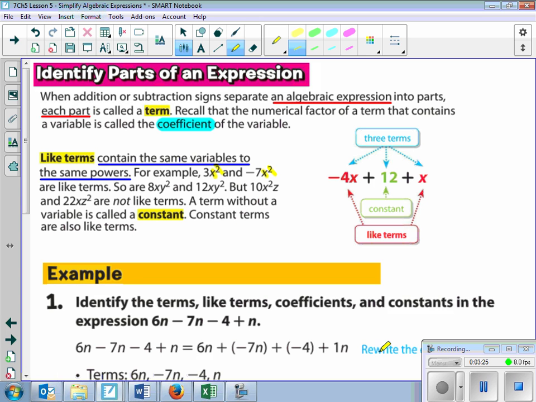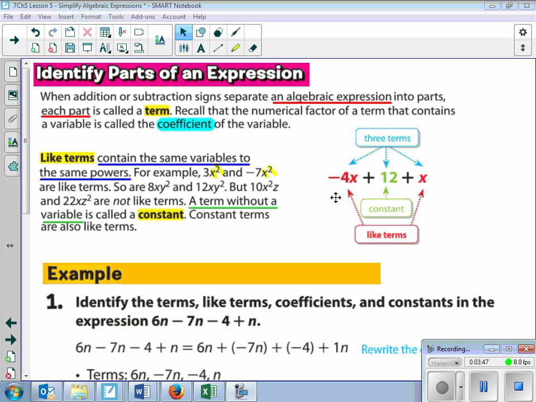Is everybody clear with that? If it was x squared and x to the third power, then those are not like terms. Now a term that has no variable is called a constant.